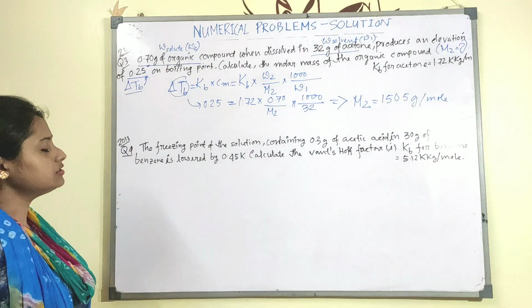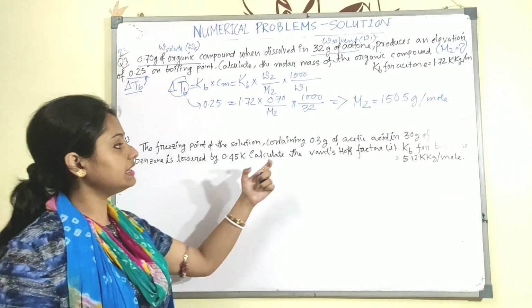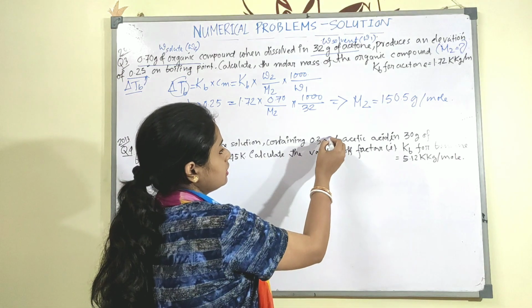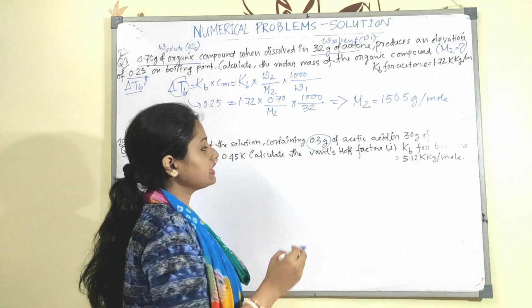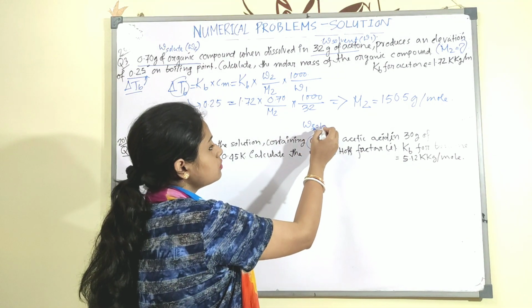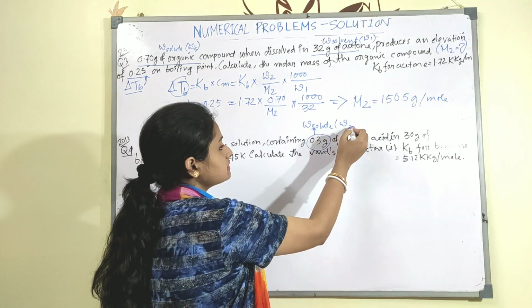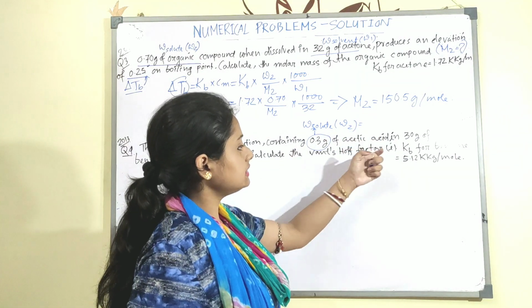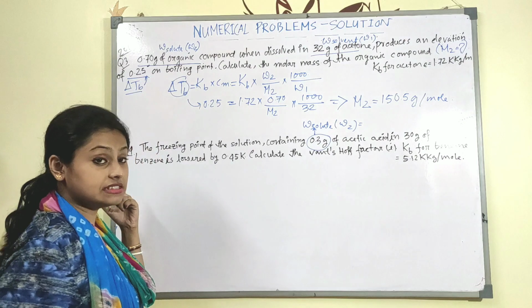The freezing point of the solution containing 0.3 gram of acetic acid. So 0.3 gram of acetic acid, that is weight of solute represented by W2. It is 0.3. Acetic acid in 30 gram of benzene.